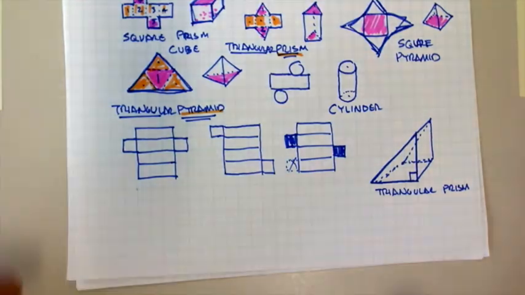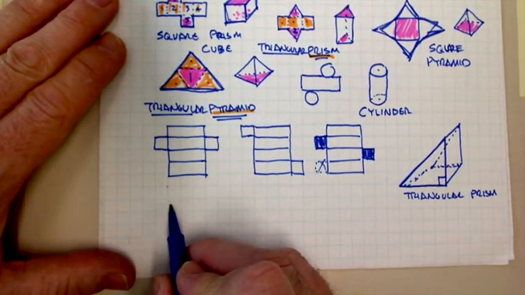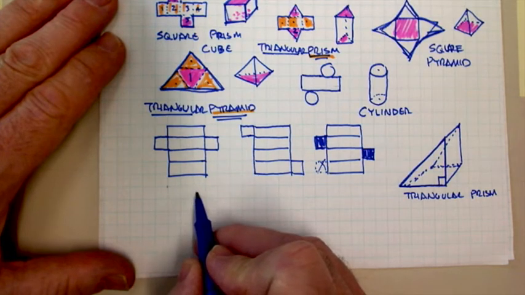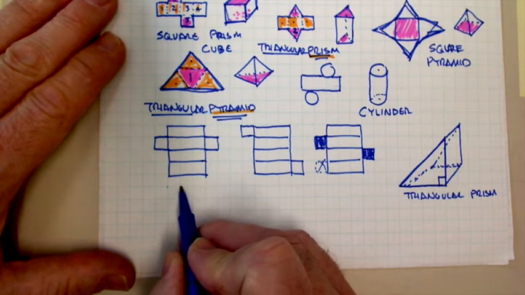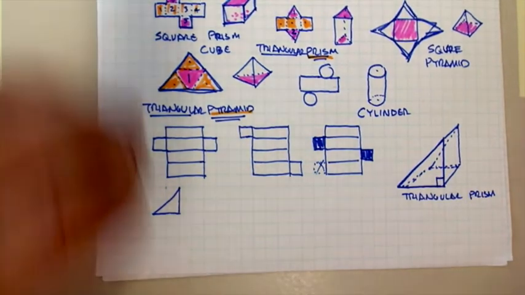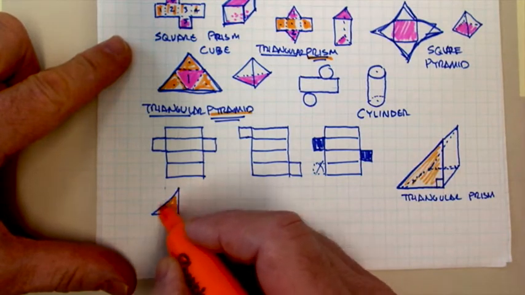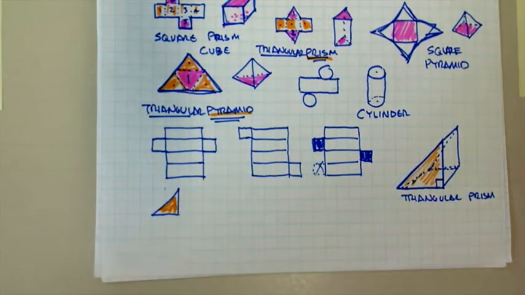So like I did up here, I'm going to show you a couple different ways of drawing this one. I'll start by putting the triangle right here, that right triangle. That's this face here. Put him right out here in front so we can see him. Okay.